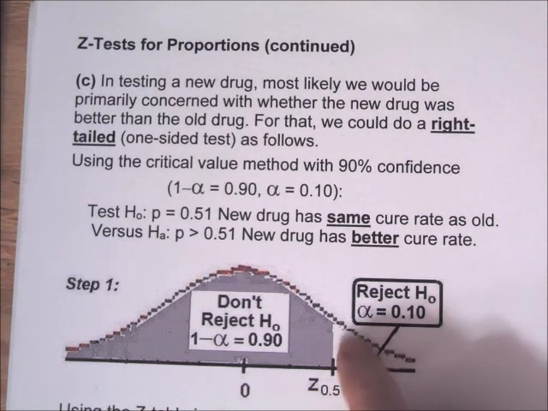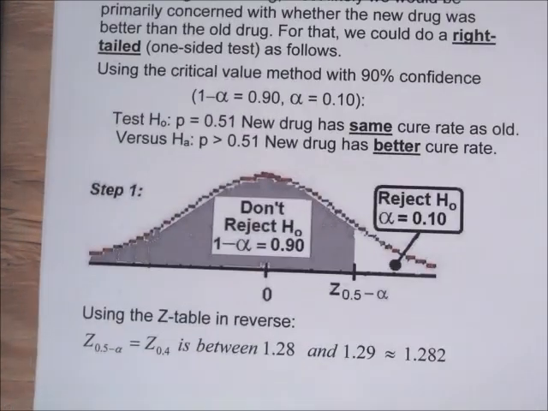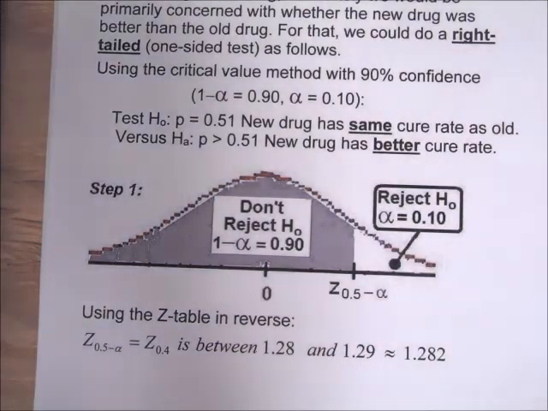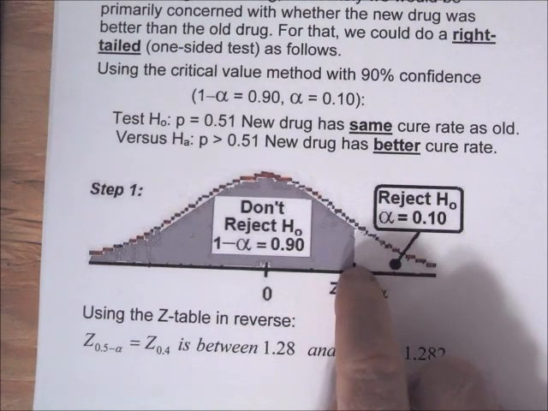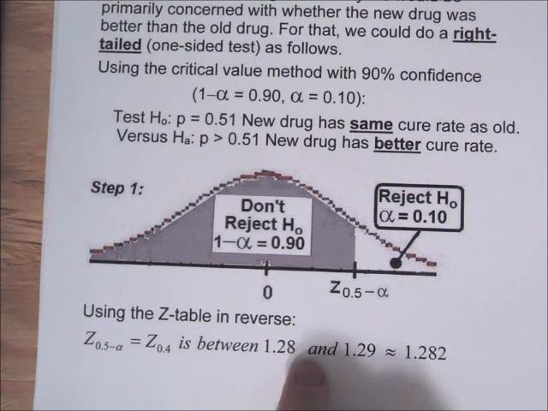And now we want to concentrate all our doubt on one side, and instead of dividing by 2, we're going to look for 0.5 minus alpha, which is 0.5 minus 0.1, which is 0.4. Look for 0.4 thousand in the body of the z-table.